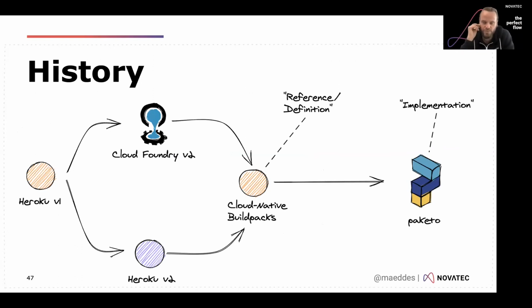Suddenly, there was much more need to build containers, Docker or OCI compliant containers, outside of a PaaS platform. And the Cloud-Native Buildpacks project defines a reference architecture for how to build those.